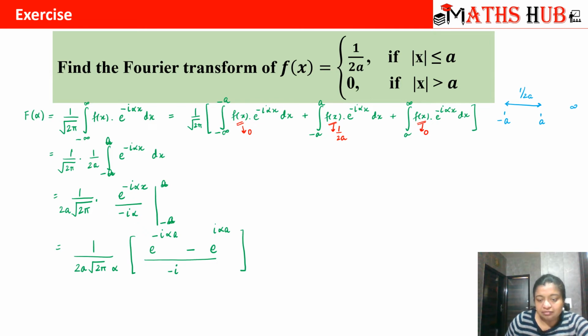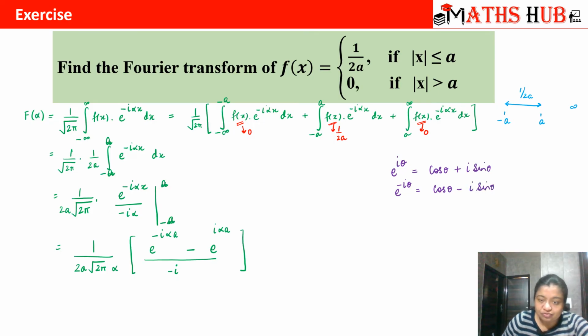If you remember in complex numbers, you have this formula that e raised to power iota theta is cos theta plus iota sine theta, and you can replace theta with minus theta and you will get cos theta minus iota sine theta, right?